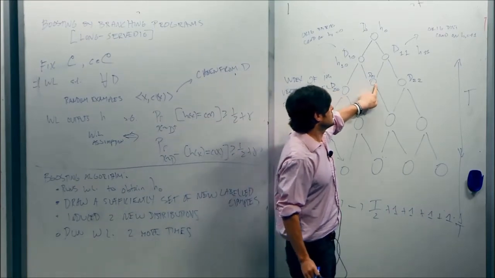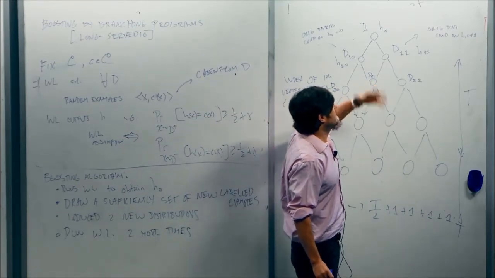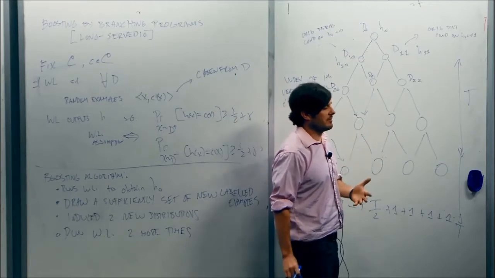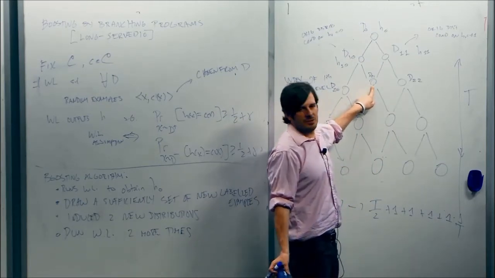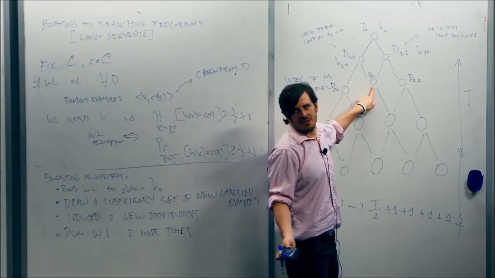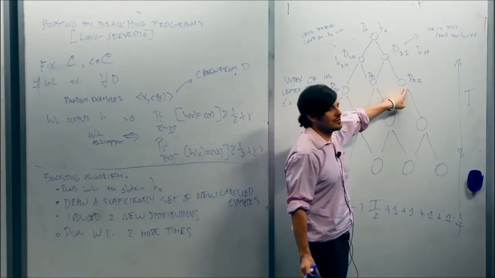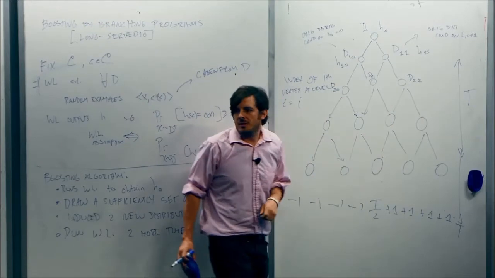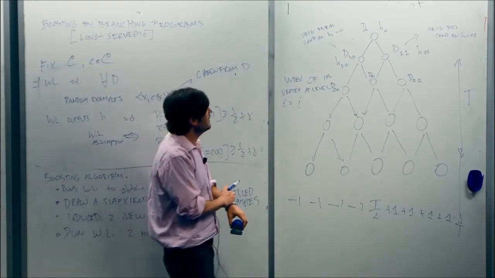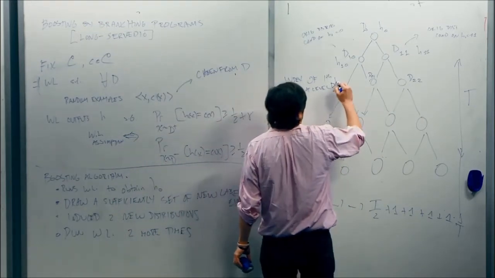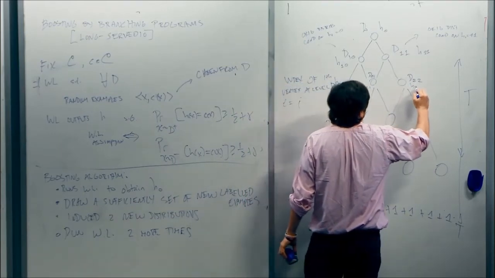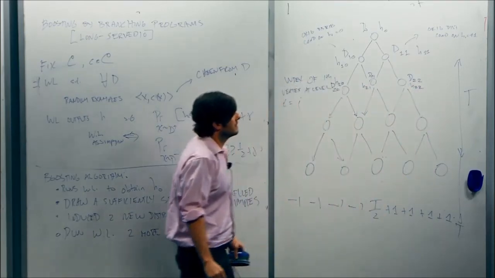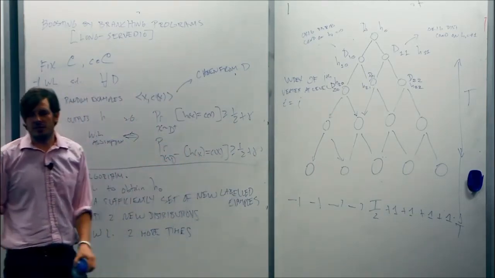Whatever examples appear here correspond to some new distribution on examples, maybe a bizarre distribution, but some distribution. So I could run the weak learner again and get H20, H21, H22, and I'll just continue to do this.